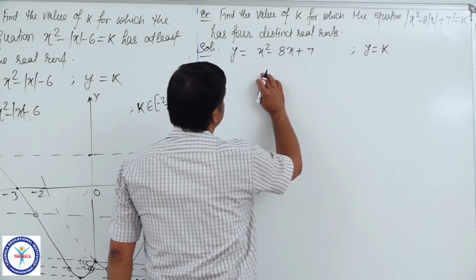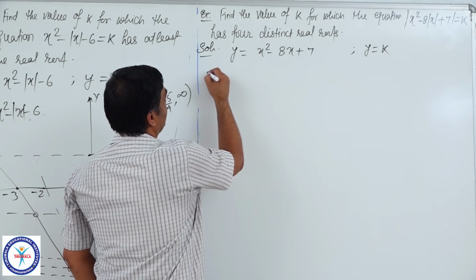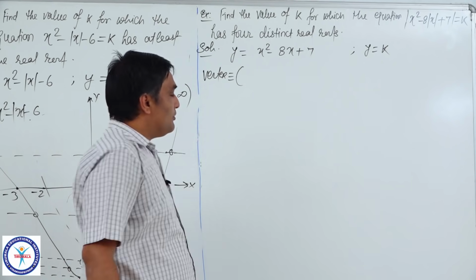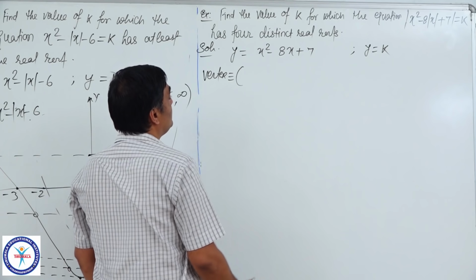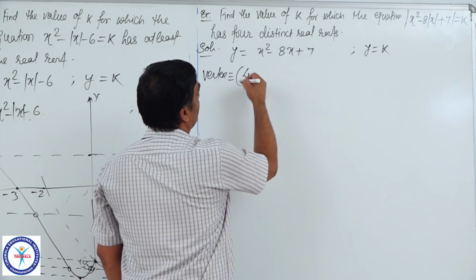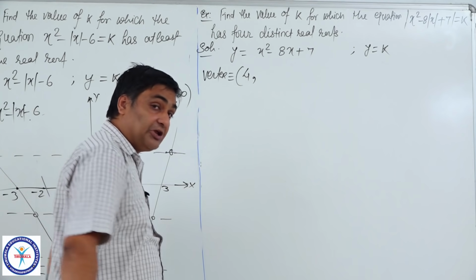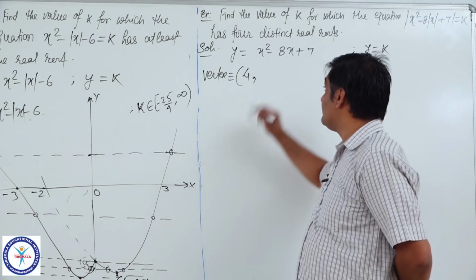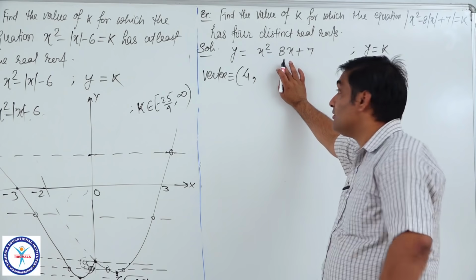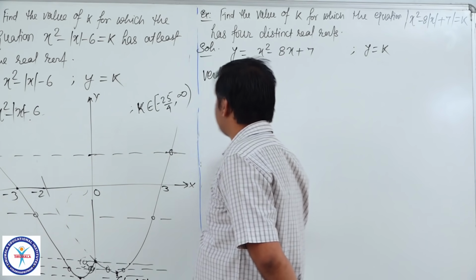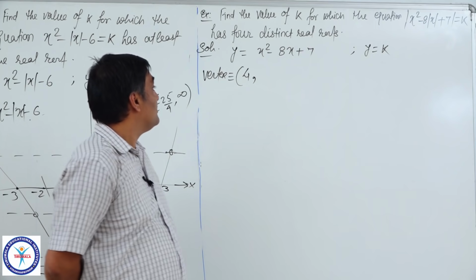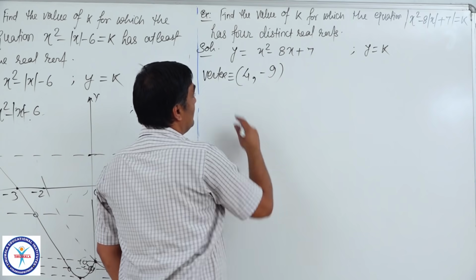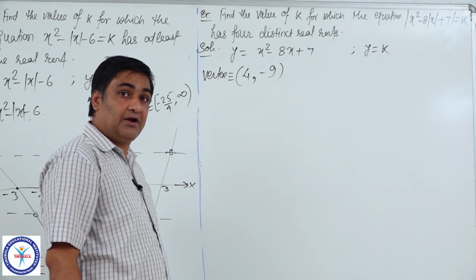Find the vertex: minus b by 2a is 4, comma minus d by 4a. What is d for this quadratic? 36. So minus d by 4 means minus 9. Roots are 1 and 7.